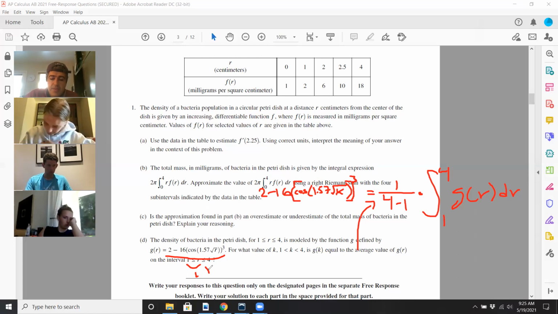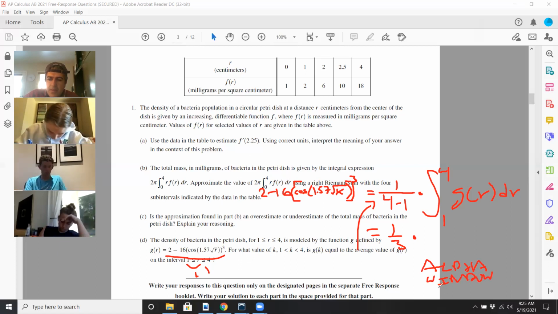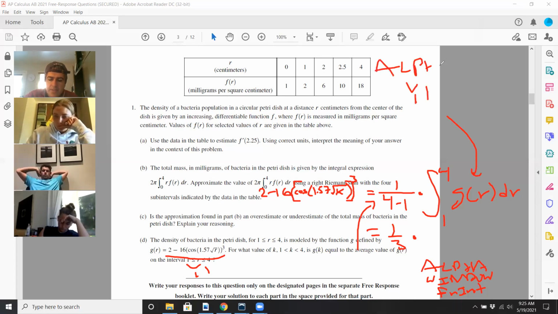Now let's actually figure out the average value. 1/3 times. Now remember how to do this. You hit alpha, window, FN int, 1 to 4. And then to call up the function, to call up y1, you have to hit alpha trace, in case you guys forgot.